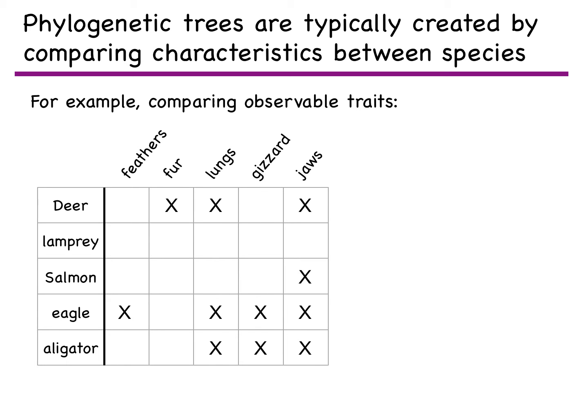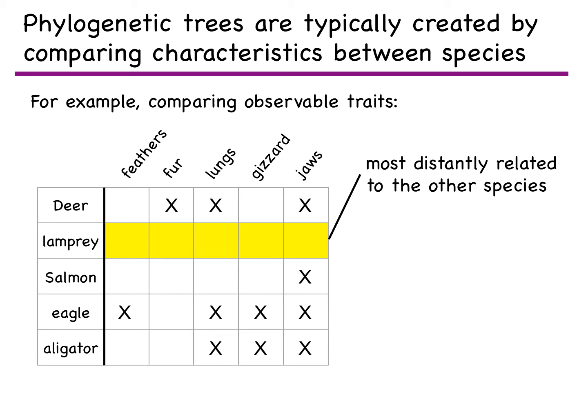And then the way people typically group them together in an evolutionary sense is by looking at how many characteristics they share in common or how many differences they have. And so if we look at this, we'll start with the latter. We'll basically say the group that's probably most distantly related to all the others are the ones that share the least number of characteristics. And so the one that jumps out at us is lamprey.